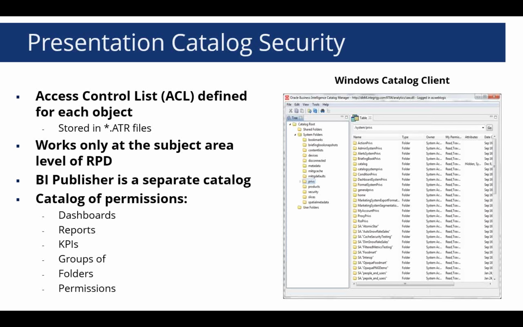The screenshot on the right is of the client server Windows Catalog client. There's also a web version of this, but here is where you would go in and set or define the access control list.